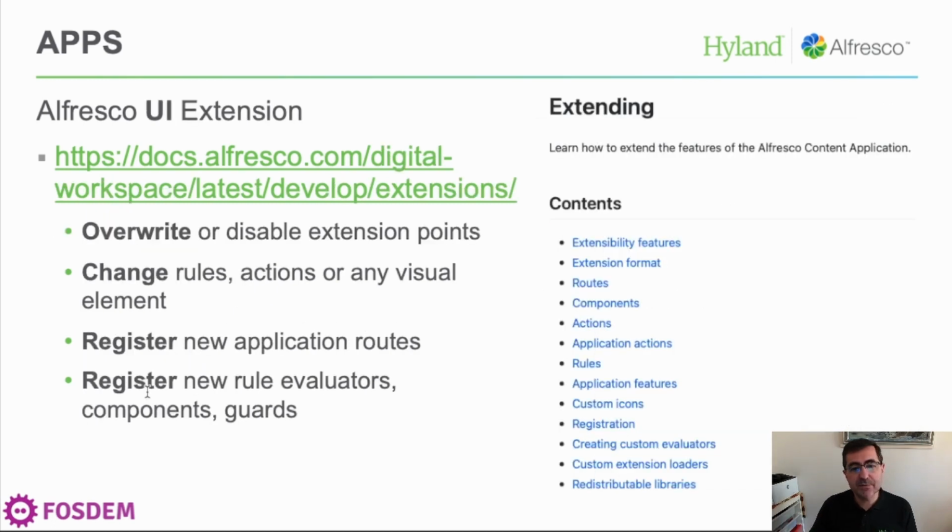If we move to the Alfresco UI extension, to the ADF, then this is something different. Then you need to use an Angular project, and you can override or disable extension points. You can change some rules, actions, or visual elements. You can register new application routes, and you can also reuse new rules, evaluators, component guards, and so on.